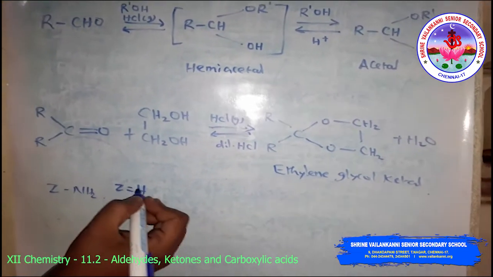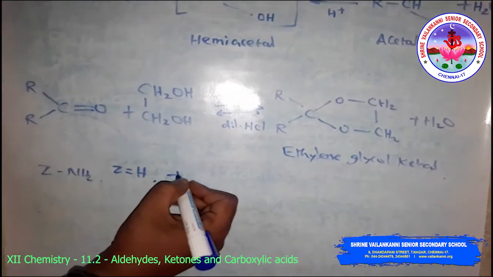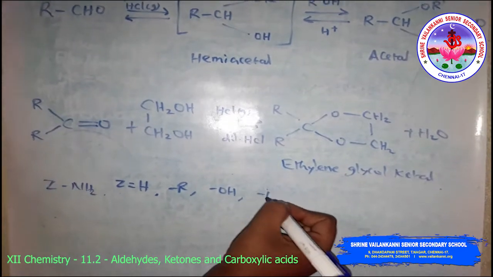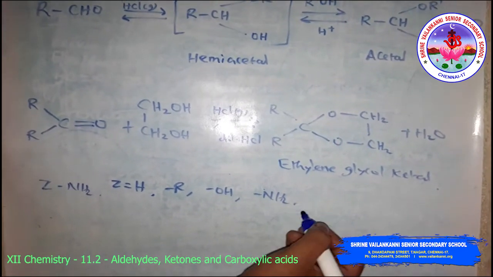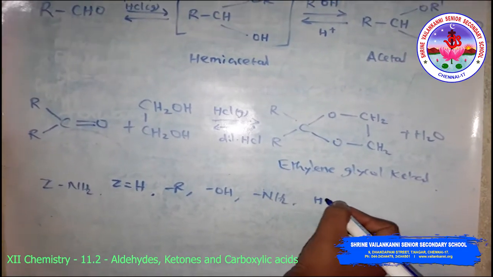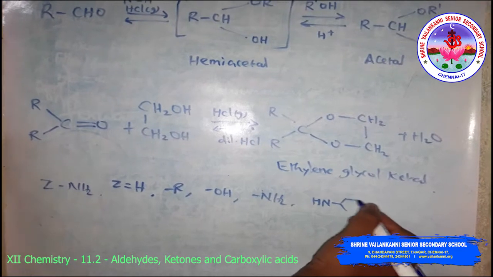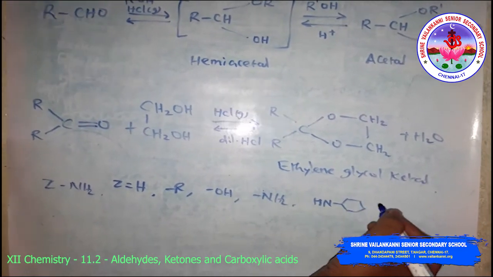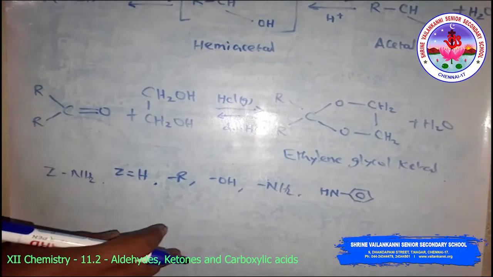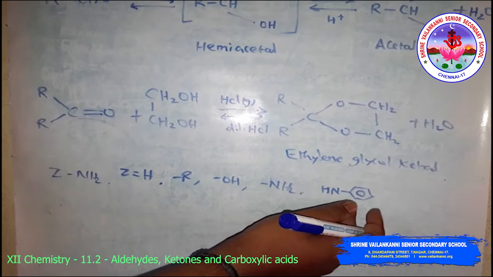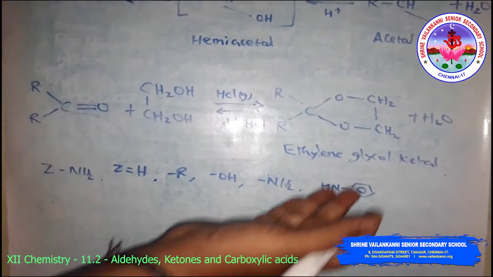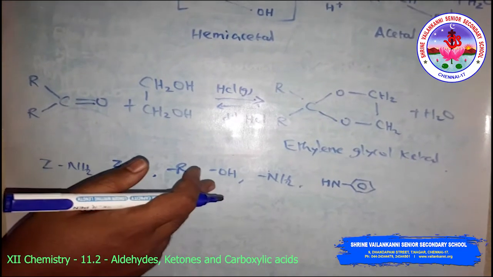Z may be H, R, OH, NH2, or NH-benzene ring. So this is called phenylhydrazine, 2,4-dinitrophenylhydrazine, semicarbazide, like this. This is the possibility.